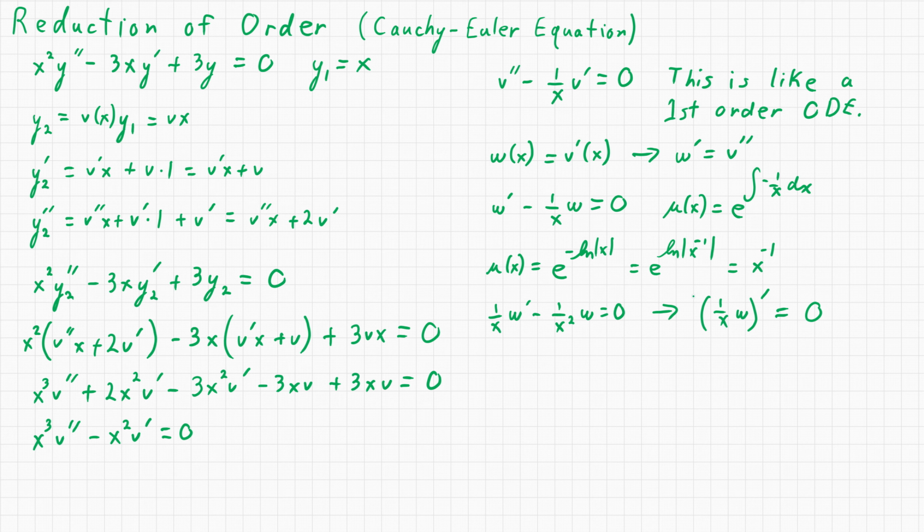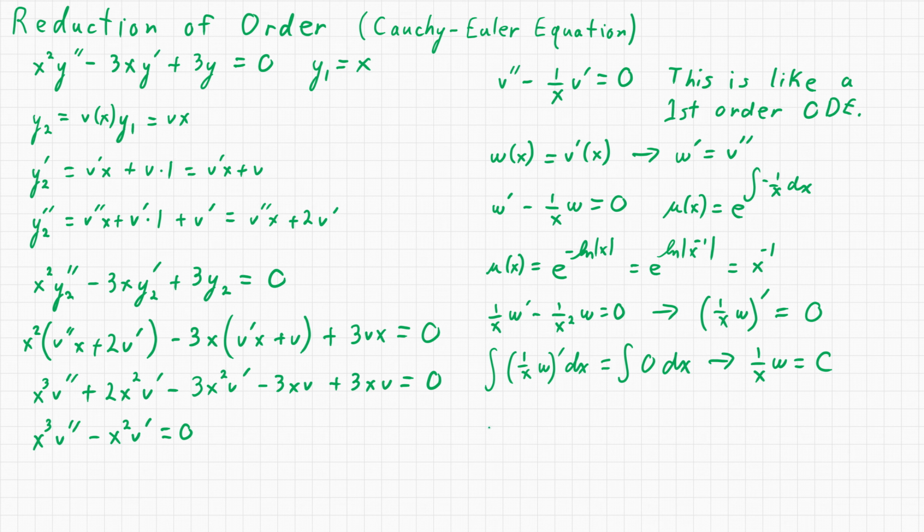Right, but now we can integrate both sides. So integral of 1 over x w prime dx equals integral of 0 dx. Well, that leads to just 1 over x w equals a constant.